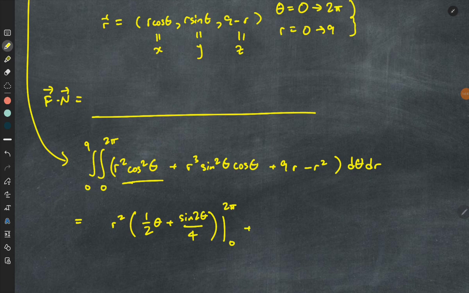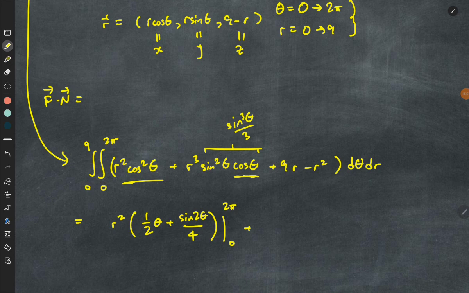And then the middle function, from inspection, you know that the cosine theta probably comes from the chain rule if you're differentiating the function sine cubed theta divided by 3.